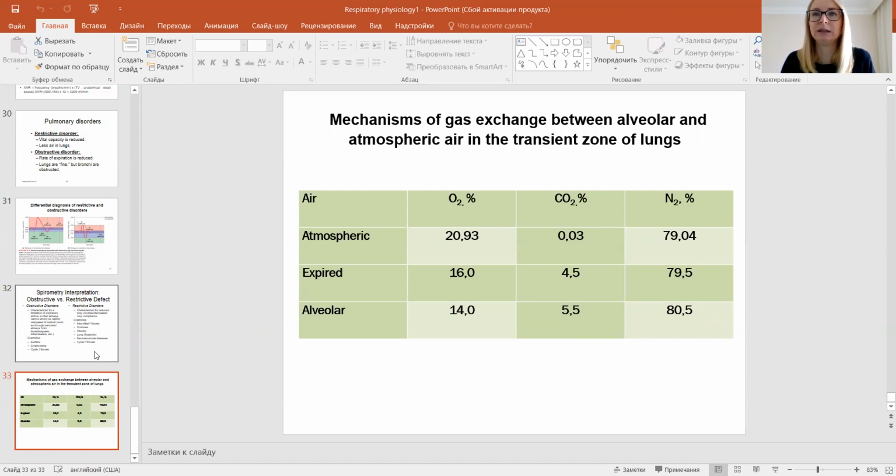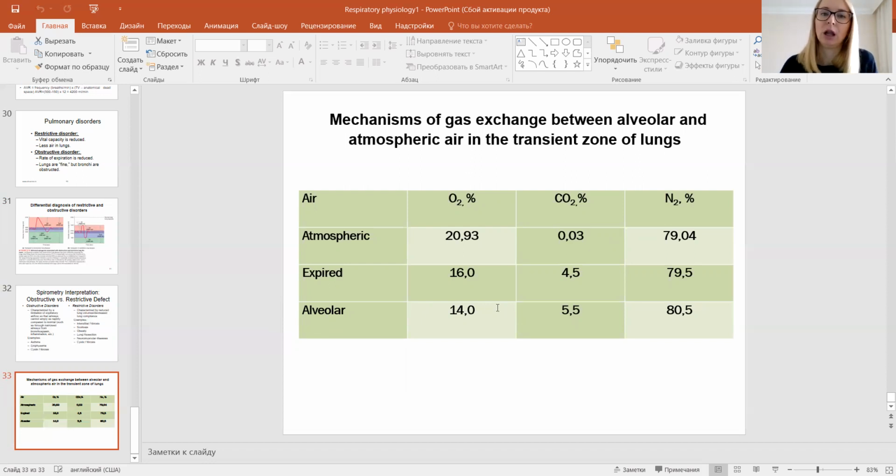Its upper part exchanges oxygen and carbon dioxide with inhaled air, and the lower part exchanges with alveolar air. That's why the alveolar air composition is relatively stable and doesn't depend on the respiratory phases of inspiration and expiration.